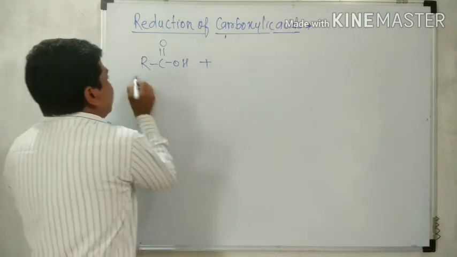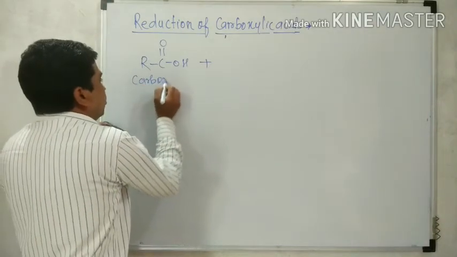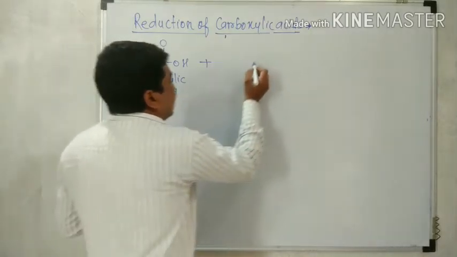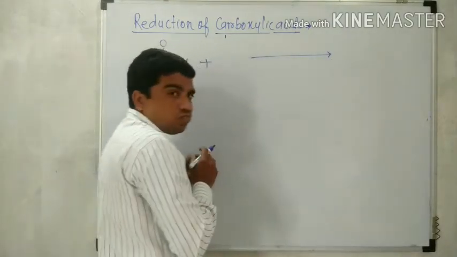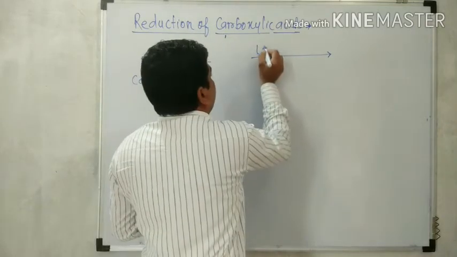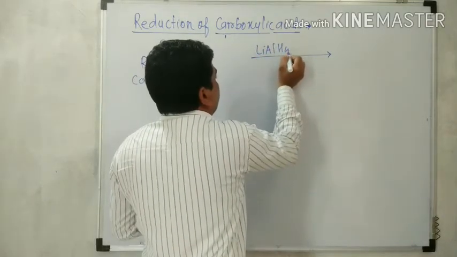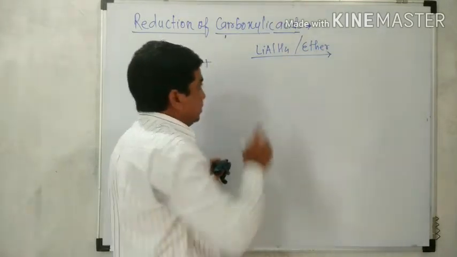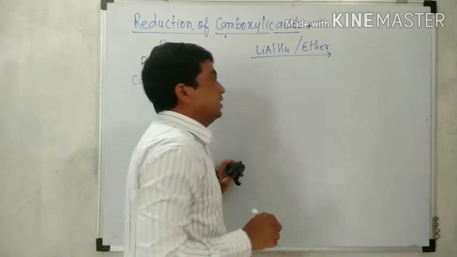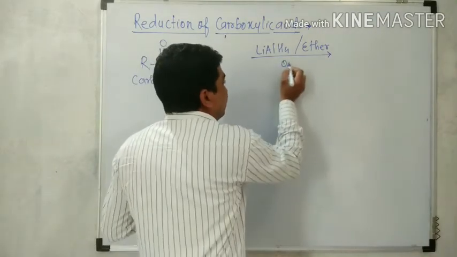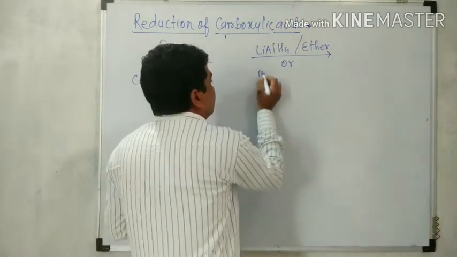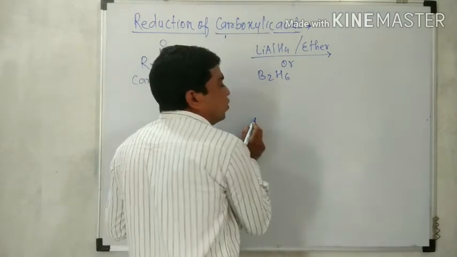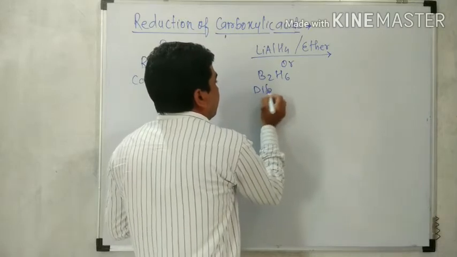When carboxylic acid is reacted with LiAlH4 in the solvent ether, this is our reducing agent. Or, as the option for LiAlH4, we can use B2H6, that is diborane.